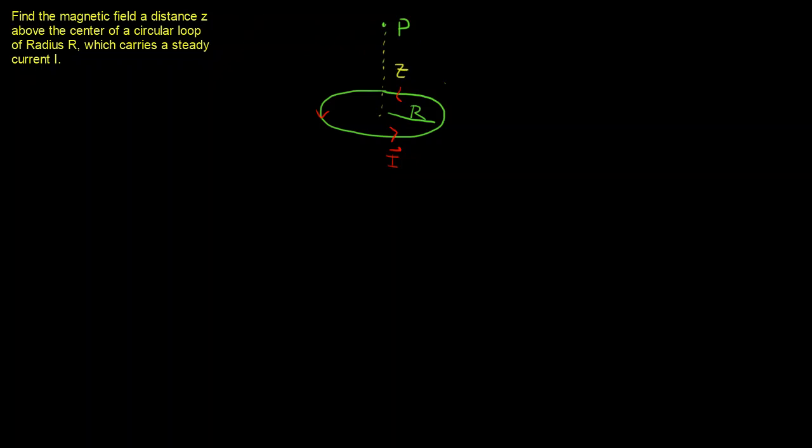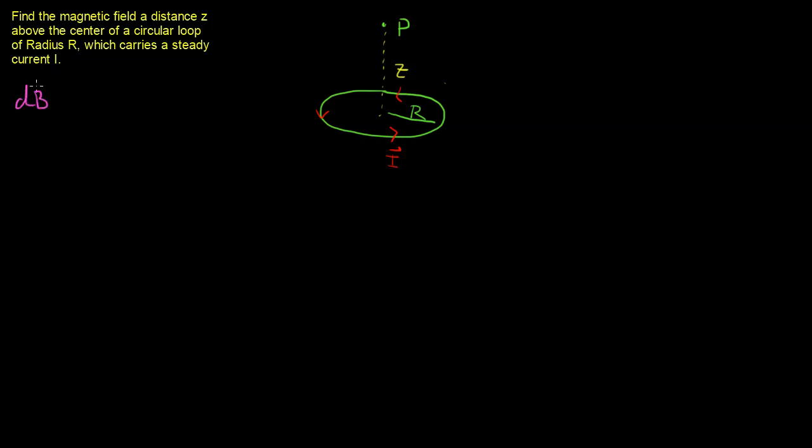So how do we approach this problem? First, we need to think about what equation tells us the magnetic field from a current carrying wire. And then we can extrapolate from that. And that equation is the Biot-Savart law. It goes like this in its differential form.